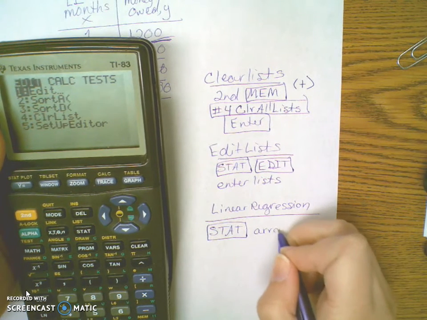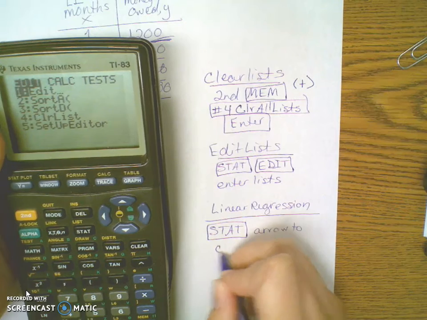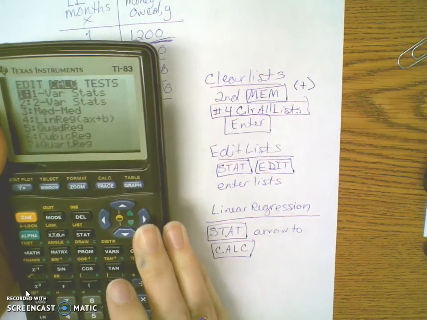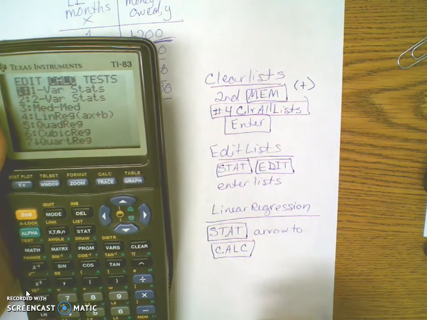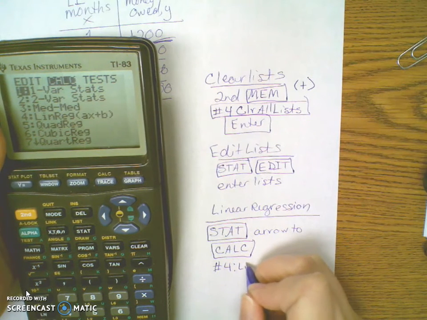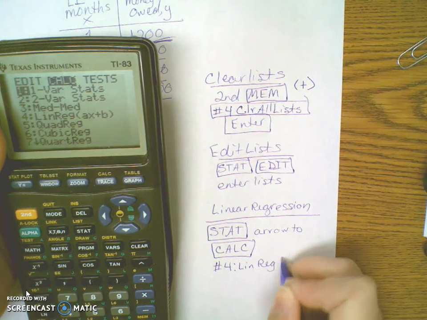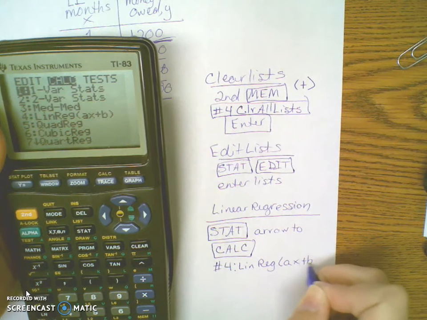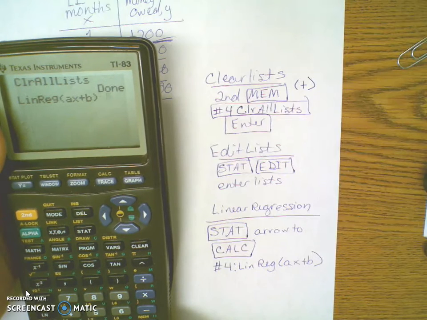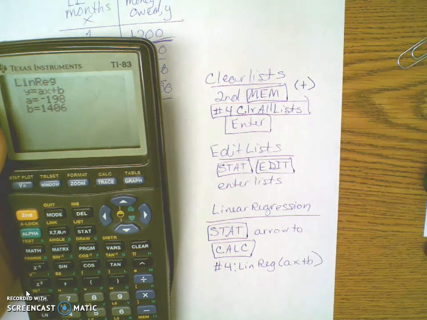Once you're on the Calc menu, you're going to go to number 4, which says linear regression ax plus b. For some reason they use a instead of m for your slope. So we're going to push 4 and then enter.